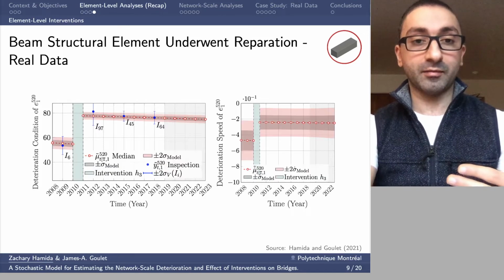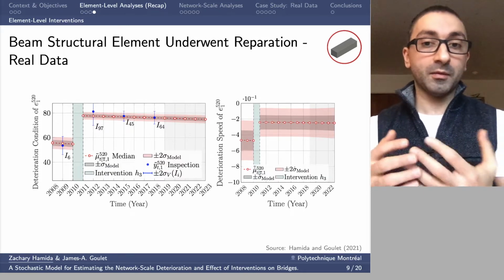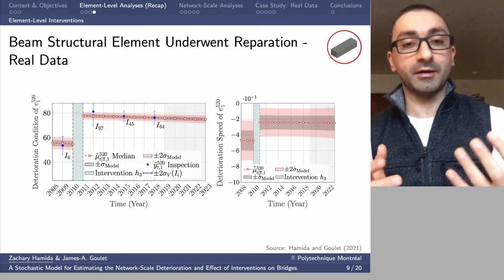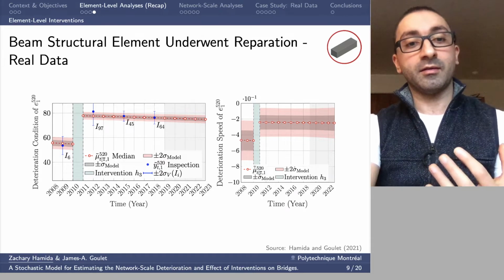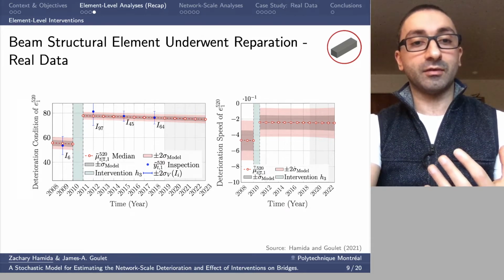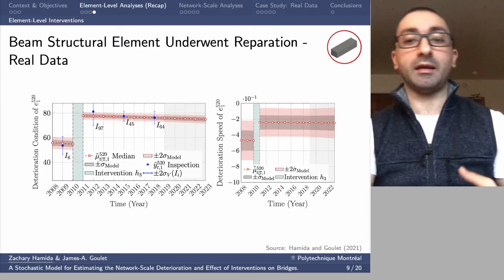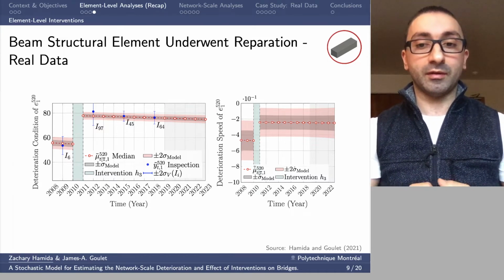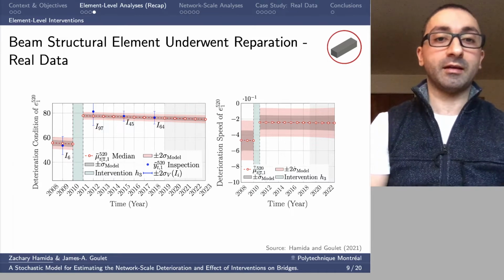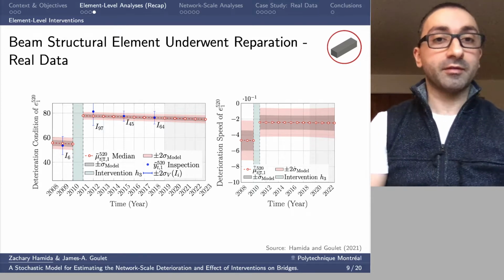In this example, I'm going to show that we are able to quantify and model the effect of intervention on the structural element level, as we see for the red dashed line for the condition estimate for this structural element, and even the effect on the deterioration speed as we see on this slide.